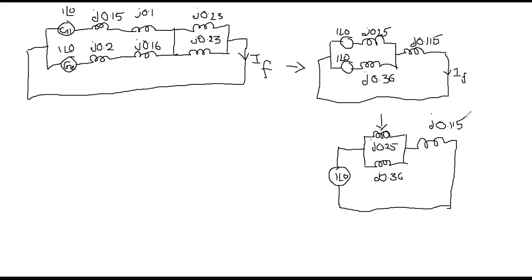Now these two get connected in parallel. So once you find the parallel combination of these two reactances, you will get a single reactance that is connected in series with the J 0.05. Now finally, your circuit becomes like this.